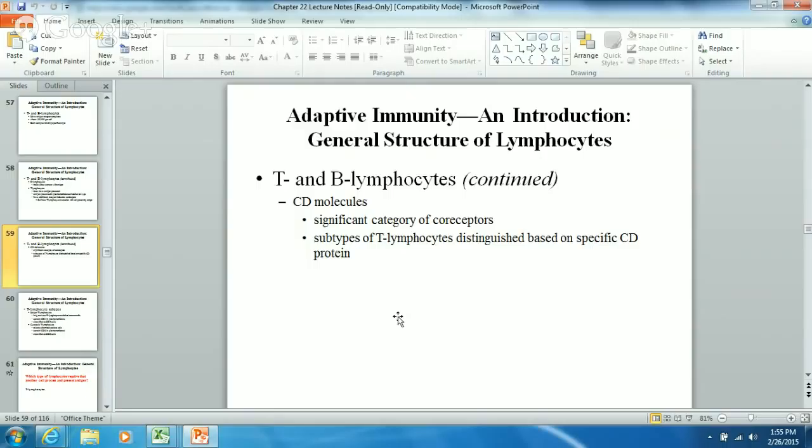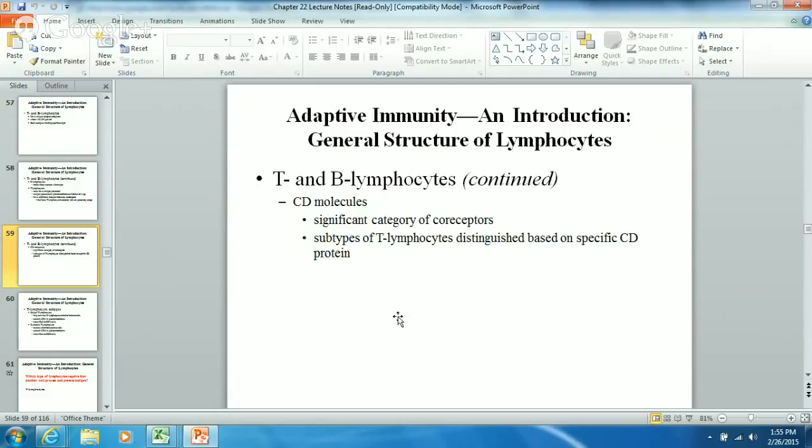And now this is very important. As you study further on, and like I said, I don't think we'll get to this in this particular video, you'll find that these coreceptors are actually used quite a bit, especially when a cytotoxic T cell or a macrophage has communications with a helper T cell.